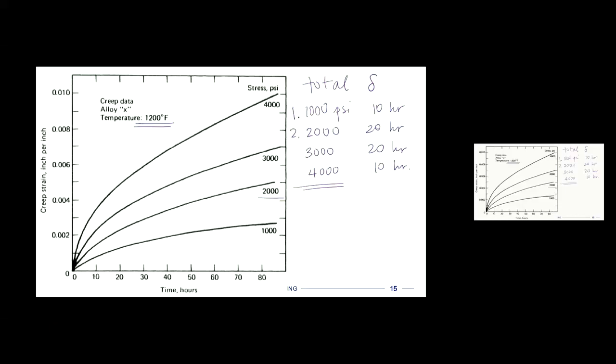Then we are assuming our sample is the same geometry as this one. So this is a constant temperature situation, but now the stress is changing in time instead of the temperature. And we have all of these nice curves, okay? So the first method we're going to use is the time hardening method, which means that time is continuous.